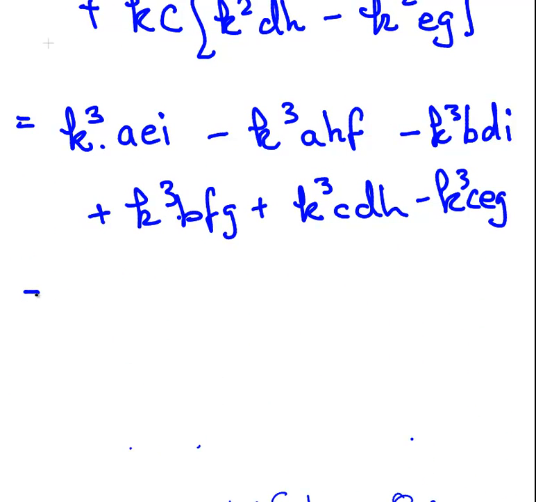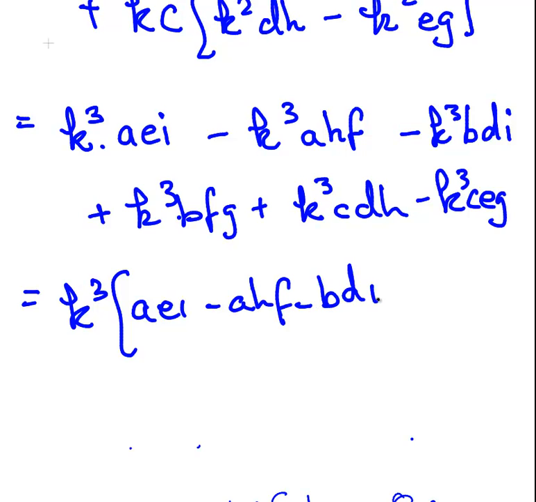Essentially that is k cubed times AEI minus AHF minus BDI plus BFG plus CDH minus CEG.